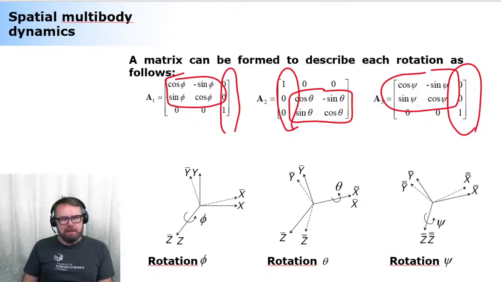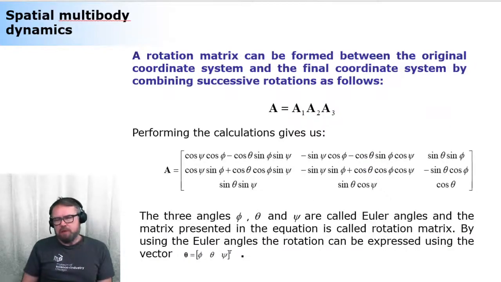Now, mathematically, successive rotations can be described by multiplying these sub-rotations together. This is how it eventually will look like. And for sure, I'm not going to ask you to derive this matrix, but more the concept behind this.